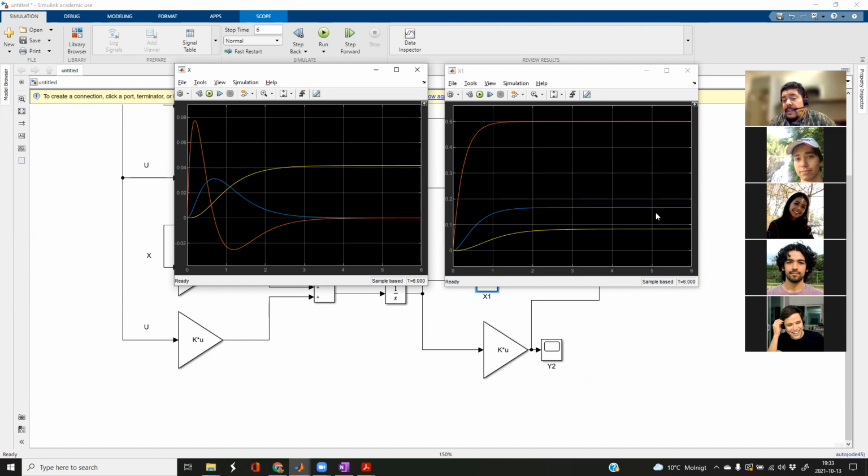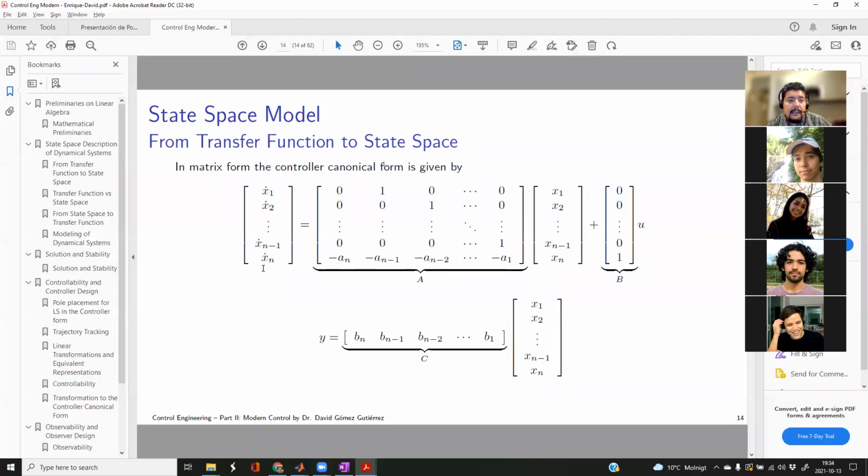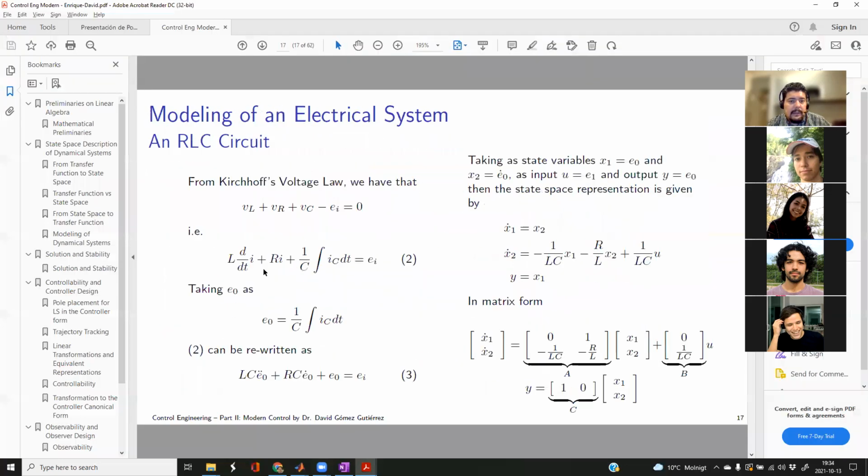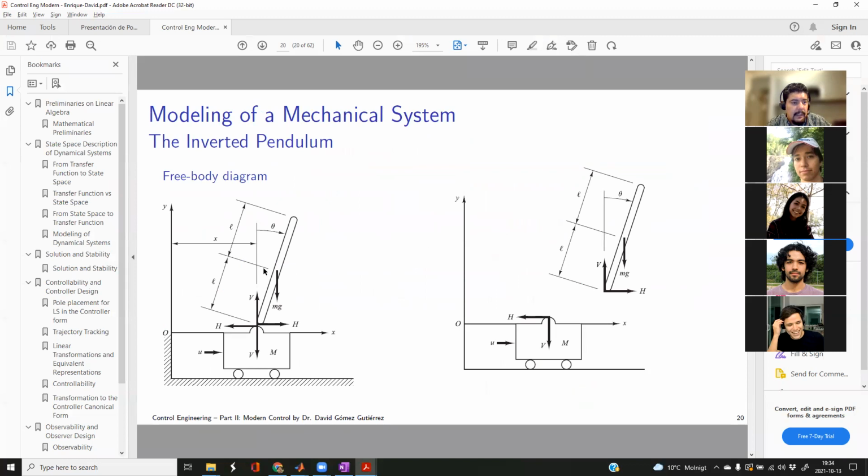So there is a transformation that can take us from the system where this is the set of state variables to the system where this is the set of state variables. And you can find a way to do that in here. We call them transformation of similitude.